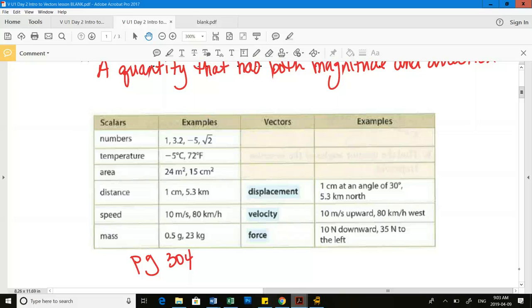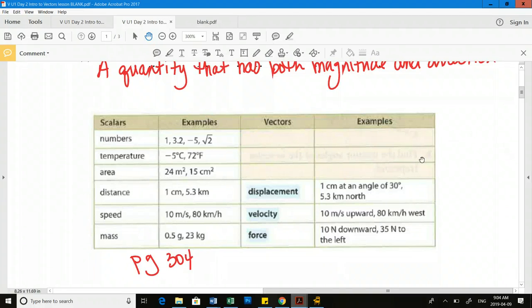So that gives us a specific direction in which that's going. Whereas when we talk about distance, we're just talking about they traveled 5.3 kilometers, no direction in that. And then velocity is similar to speed, but we have, again, a direction with that. And then force also has a direction, so 10 newtons downward.